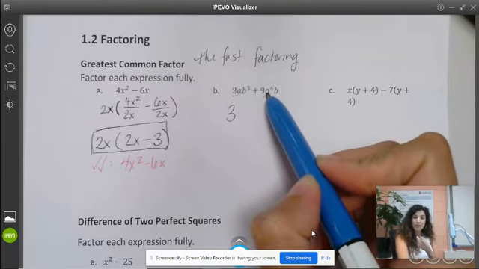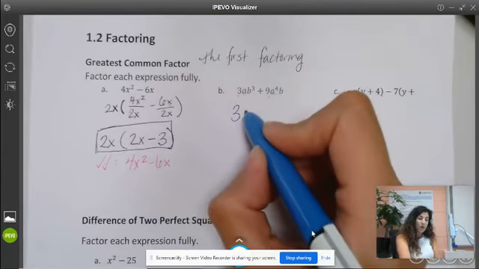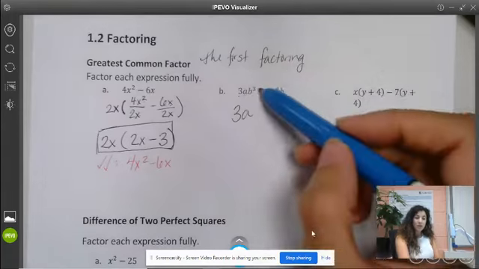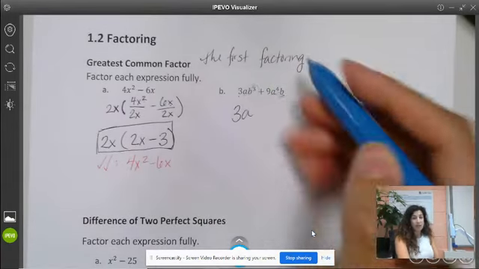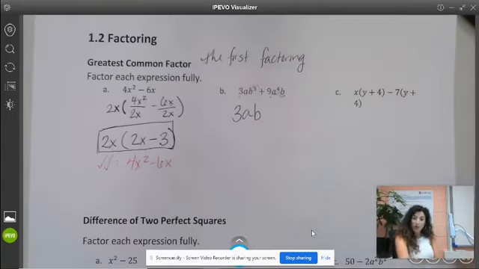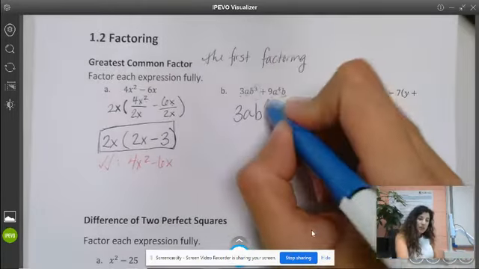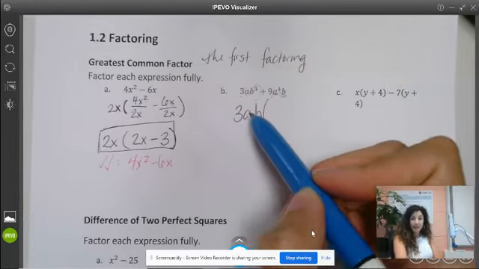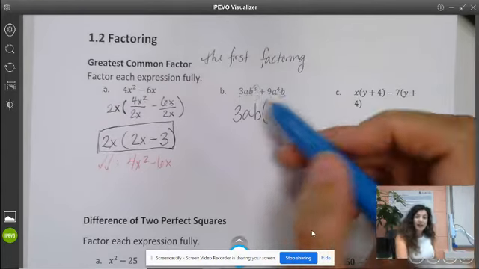But since we only have 1 here, we can only take out 1 of those a's. Whereas here we have a b cubed, and here we have just a regular b, so we can only take out 1 b from both of those terms. So that is the greatest common factor, and that is what we pull out.